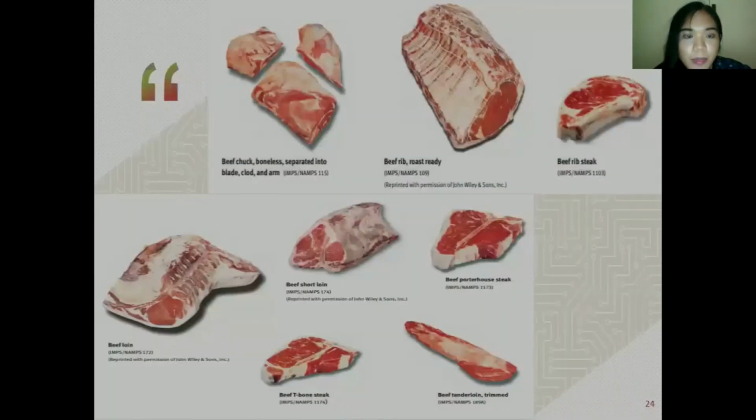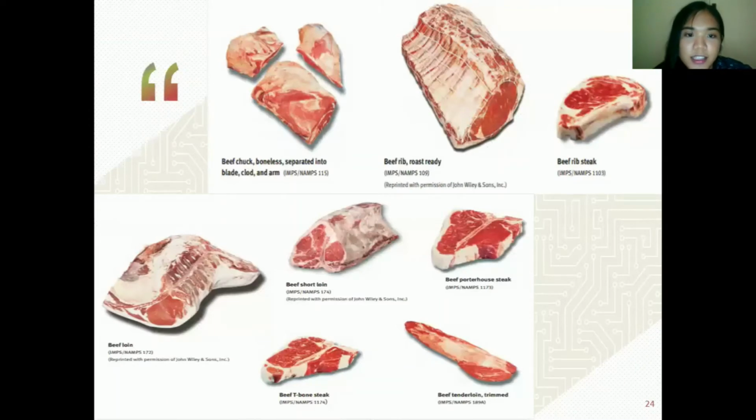Next in this slide, you can see a further in-depth picture of each cut of the meat, where you can see the beef chuck boneless, which is separated into three: the blade, the clod, and the arm. The beef rib roast, which is roast ready.